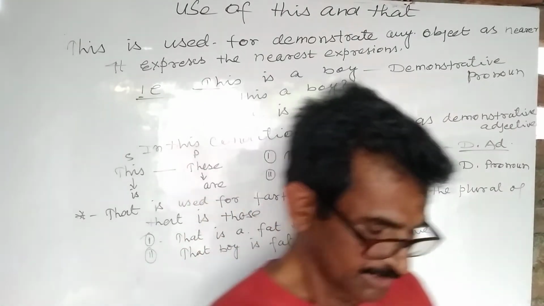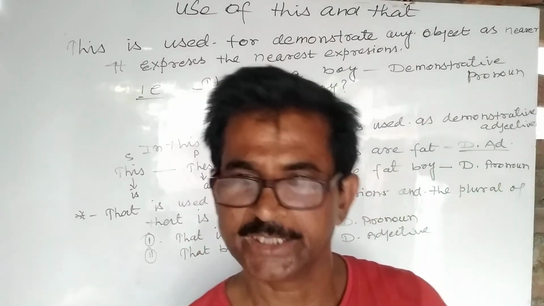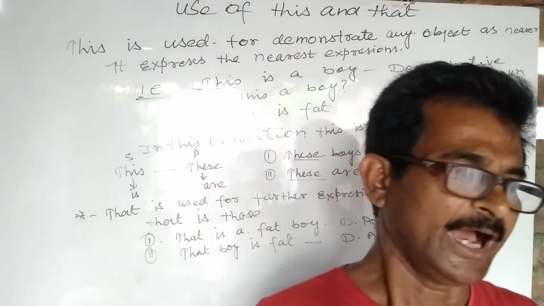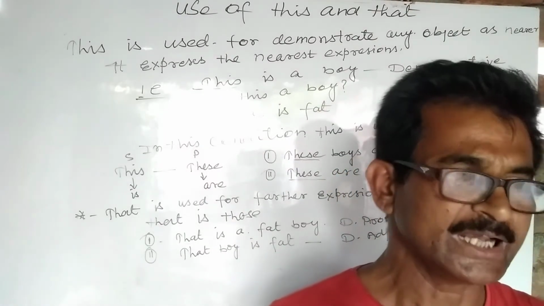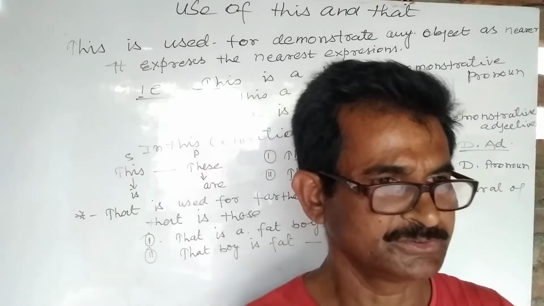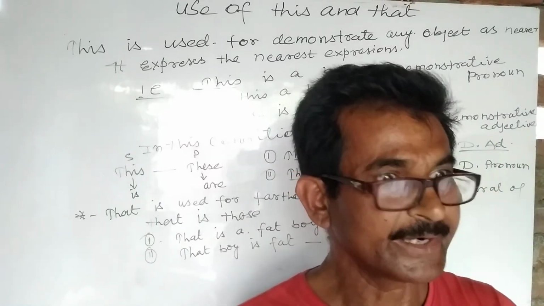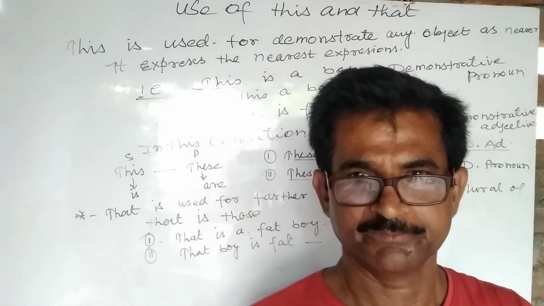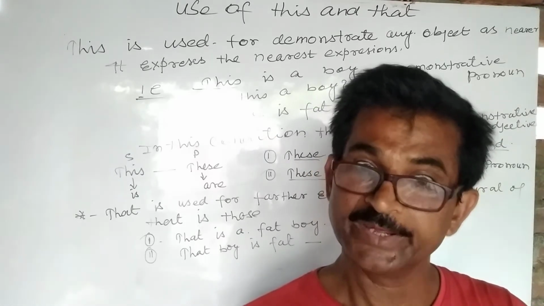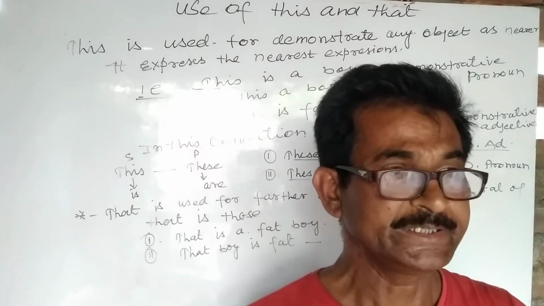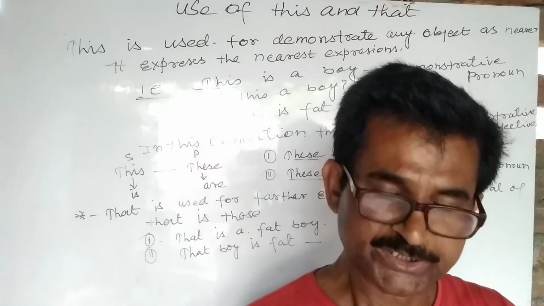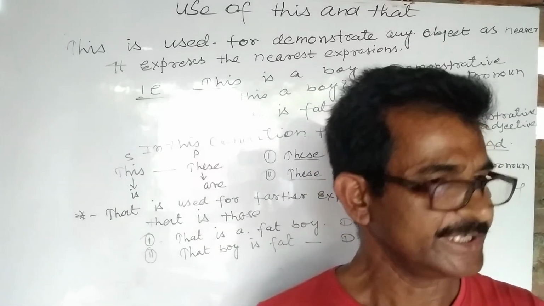Okay? Now this and that. There are two types of demonstrative pronoun, this and that. And the plural of this is these and the plural of that is those. But there are two ways of their use. इनके जो use है उसके दो तरीके हैं. First way, demonstrative pronoun.